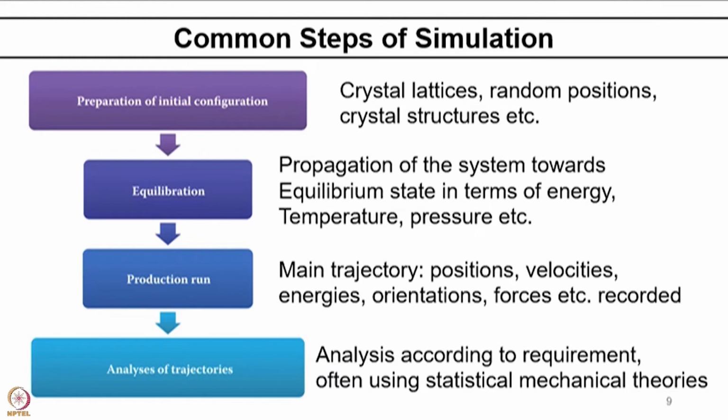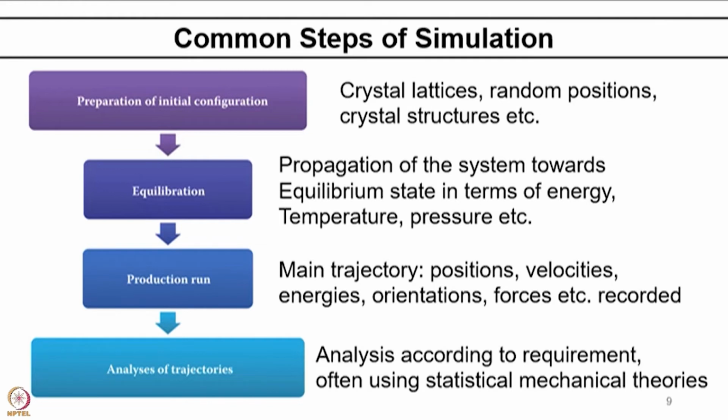So once it reaches the equilibrium, we do a production run. This is the run where we calculate all the quantities along the trajectory or along the sample run, and then we use those to get the numbers. So the production run generates the trajectories to be used in analysis to obtain the experimentally observable results. Often the equilibration has to be longer than the production, because once equilibrium is done, production is reliable.